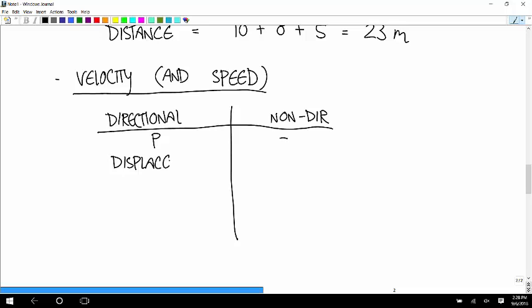Displacement does have direction information, and distance doesn't. You can see that they're very closely related to each other. And now we're on to the next one, where the directional information is velocity. And what it's very closely related to is the speed. And speed doesn't have directional information.